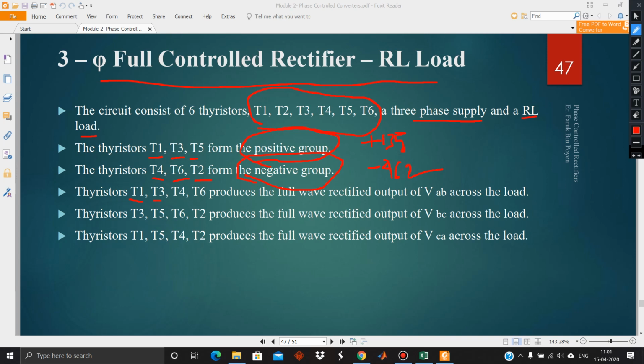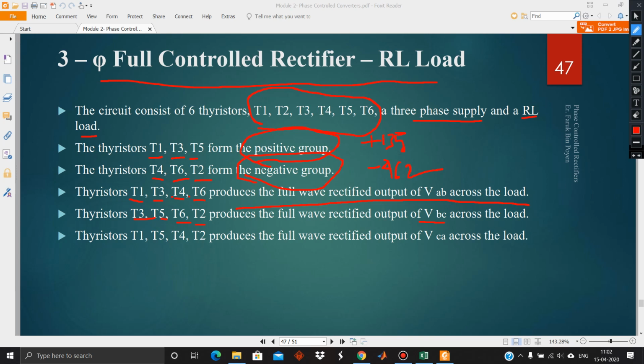T1, T3, T4, T6 produce the full wave rectified output voltage VAB across the load. For VBC, T3, T5, T6, T2 produce the full wave rectified output voltage VBC across the load.